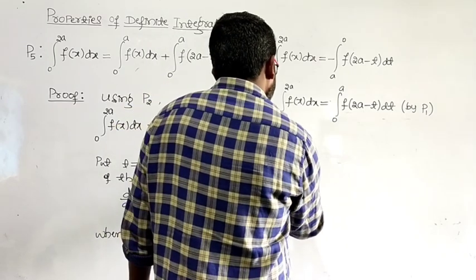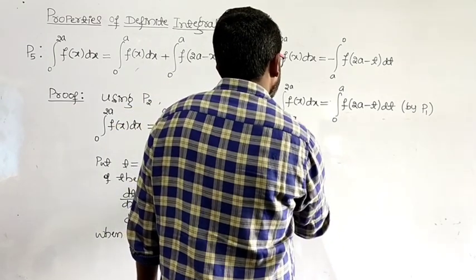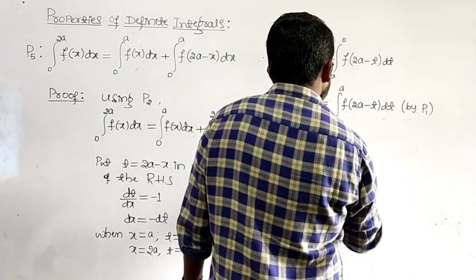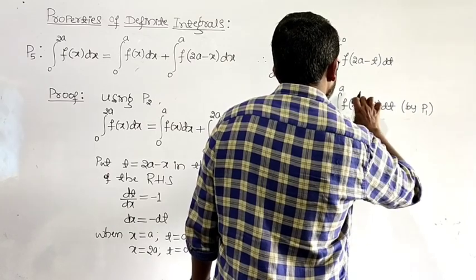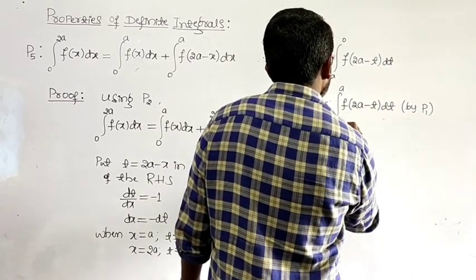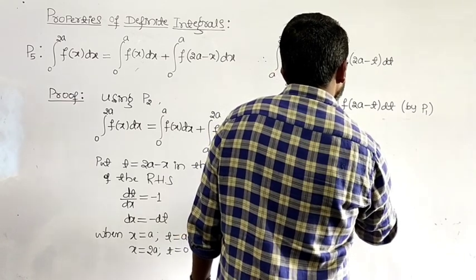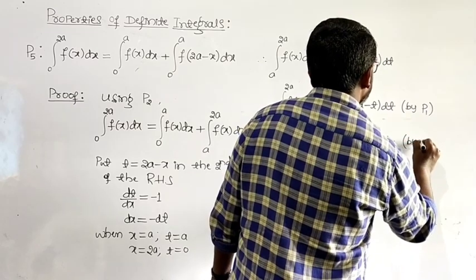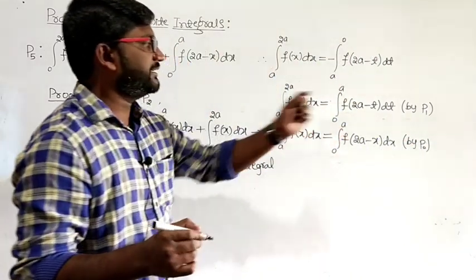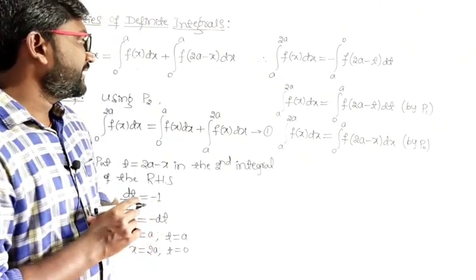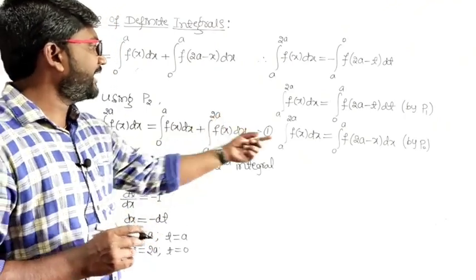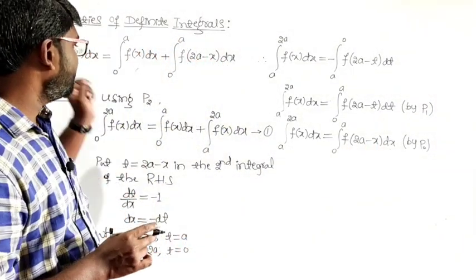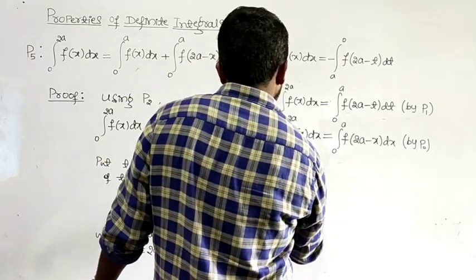So the integral from a to 2a of f of x dx equals the integral from 0 to a of f of 2a minus x dx, by P0. By making use of P0, we can change the variable of integration.